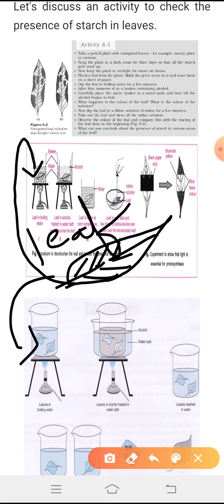Once it becomes softer, I will remove the leaf from the beaker and keep it inside a test tube or another beaker which is containing alcohol. Take an example, there is another beaker.